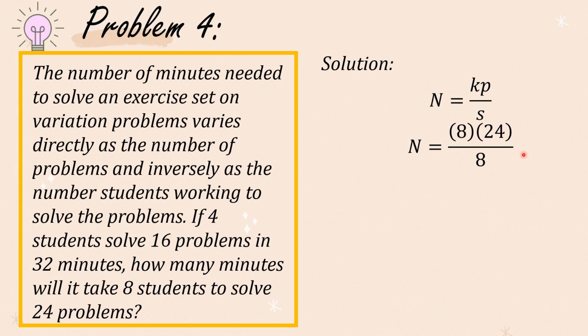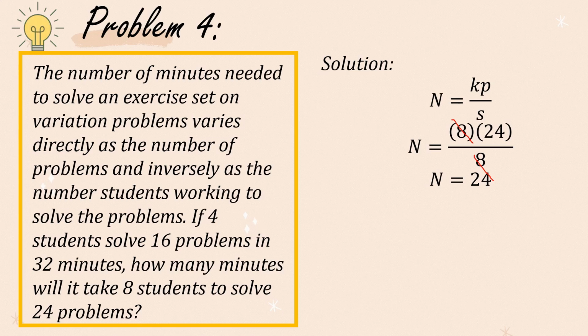Very good! Pwede tayong mag-cancel out. Sinong number yung pwede nating i-cancel out? Tama! Si number 8. So, we cancel number 8. Anong nangyari? Sino na lang ang natira? Tama! Ang natira na lang ay si 24. That's why our answer will be N equals 24.